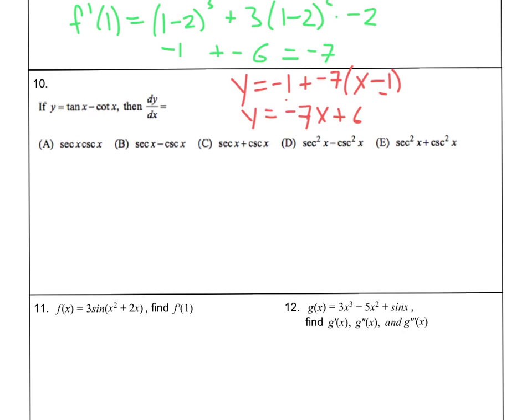For number 10, it's going to be y equals tangent of x minus cotangent of x. You need to know that tangent of x has a derivative of secant squared of x. Cotangent of x, you might know that has a derivative of negative cosecant squared of x, so the negatives can cancel out.